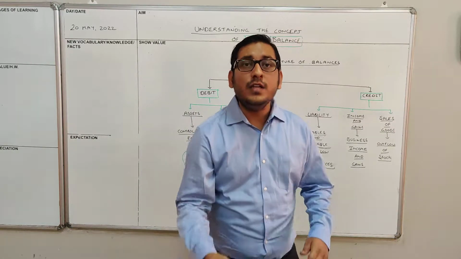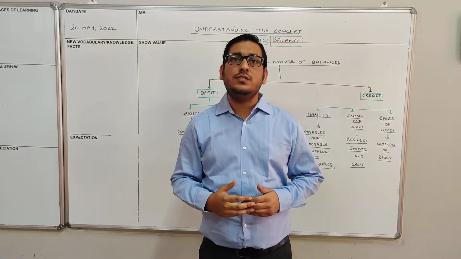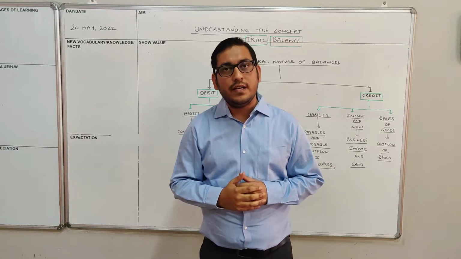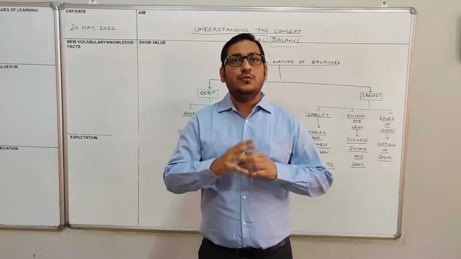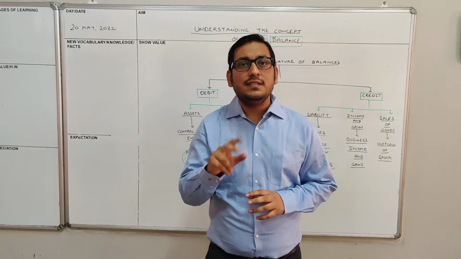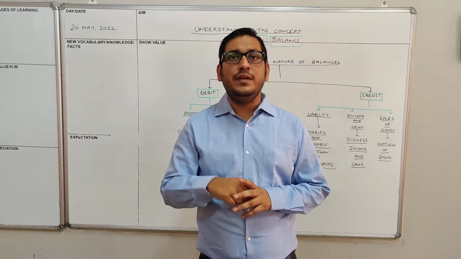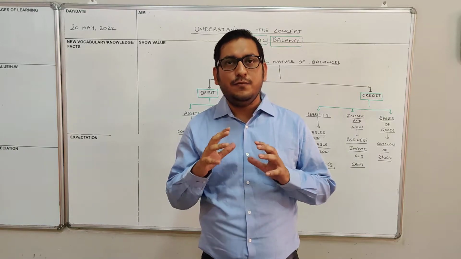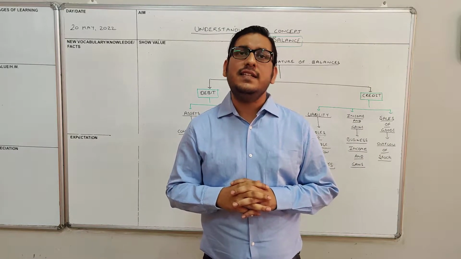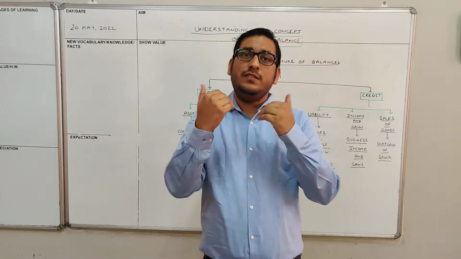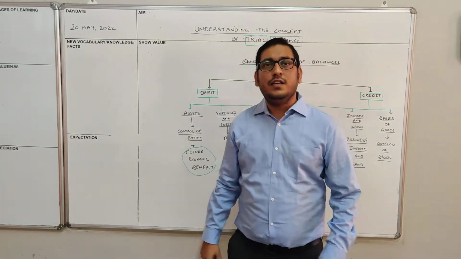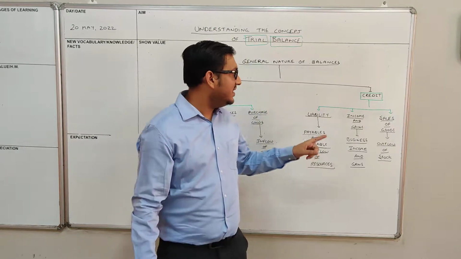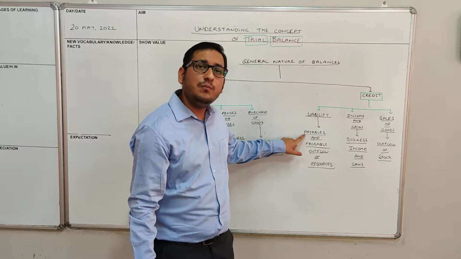Similarly, if I made a sale of goods to Mr. Jitu, what entry will I make? Jitu account debit, sales account credit. So we need to understand that a personal account may have a debit balance, may have a credit balance. If a personal account is a debit balance, that means we will receive. If personal account is debit, it is an asset. If personal account is a credit balance, it's a liability because we need to pay.